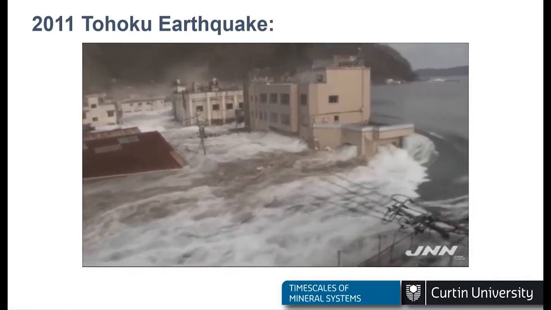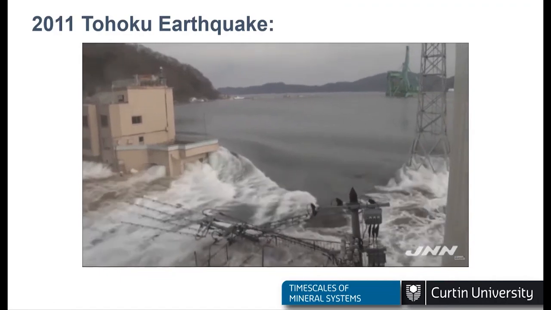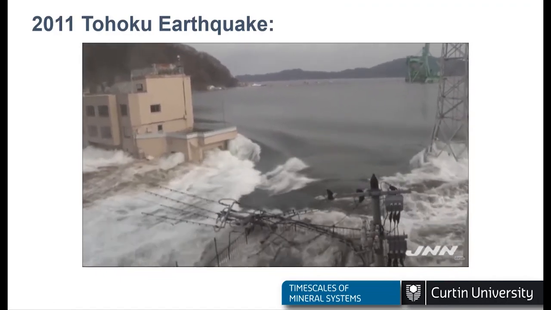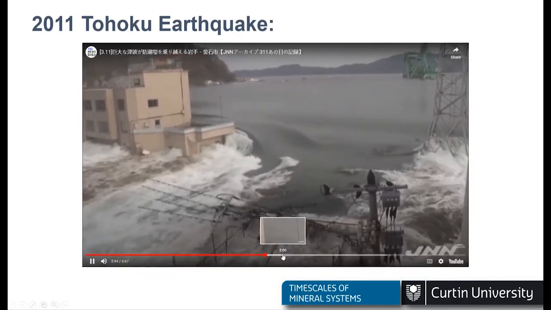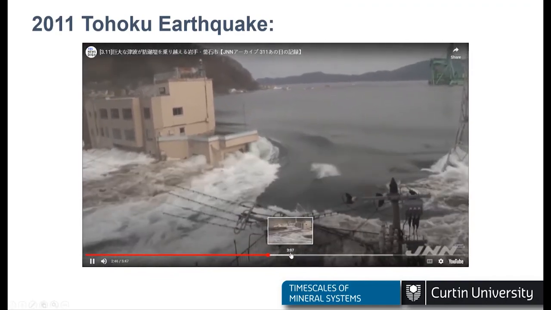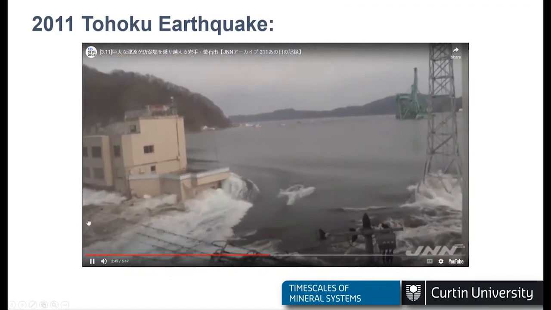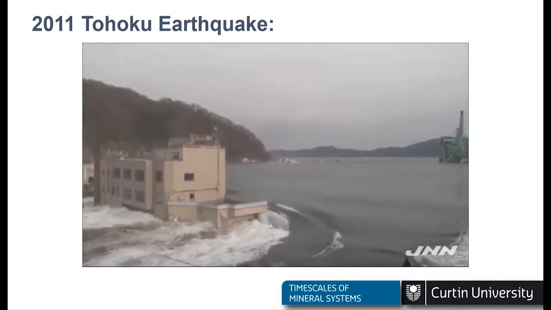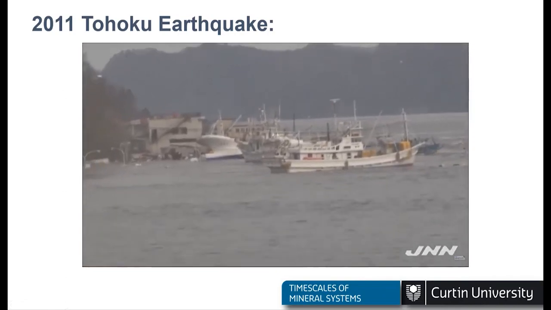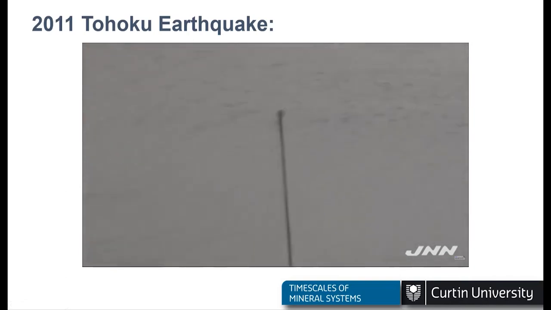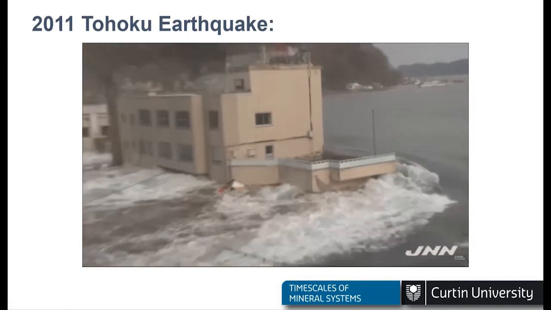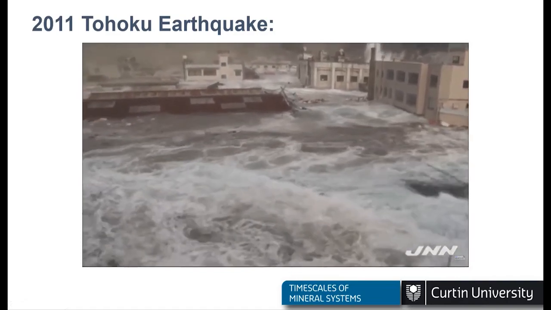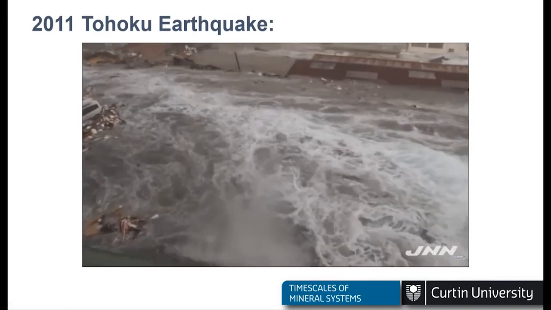If they'll pan to the left now, I think. So I don't know if you remember, there were a few buildings and stuff there before.